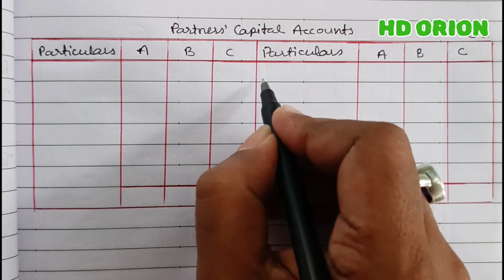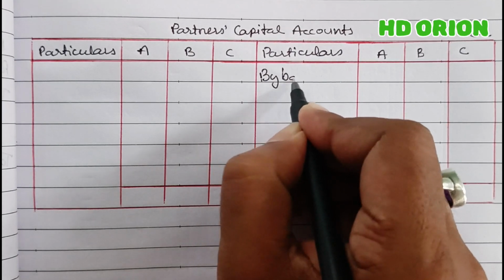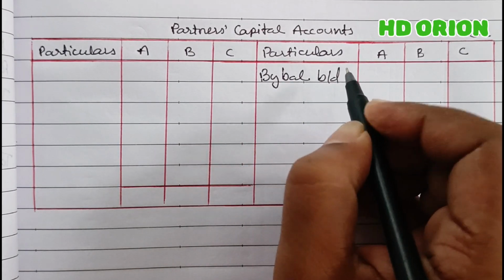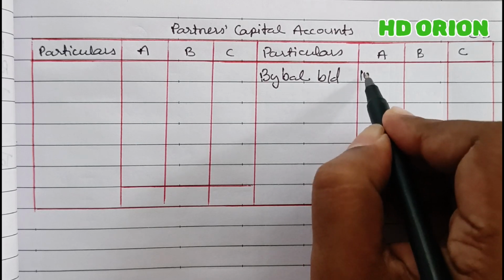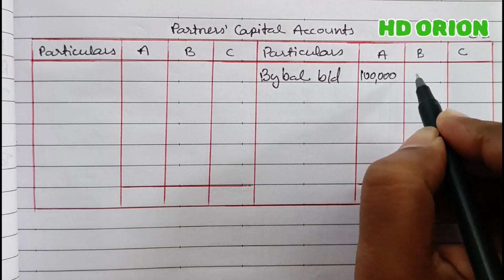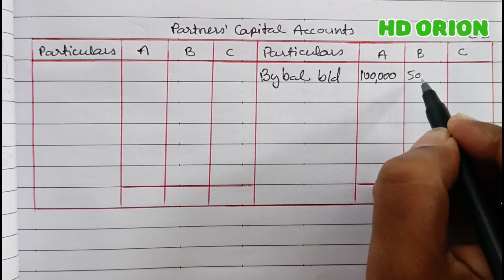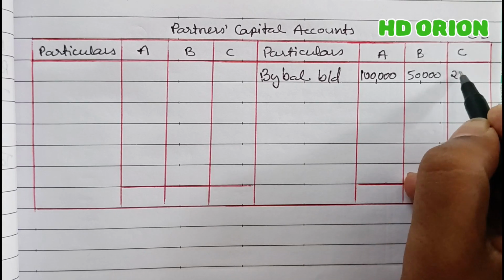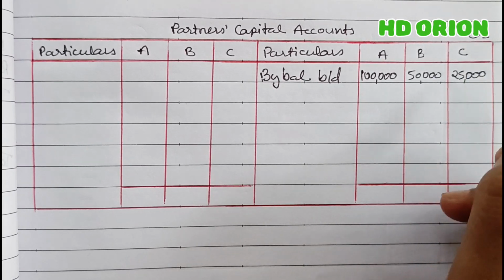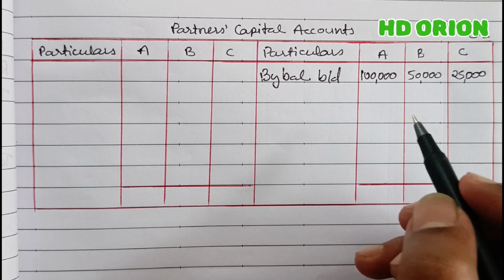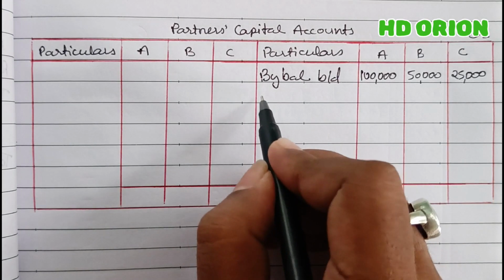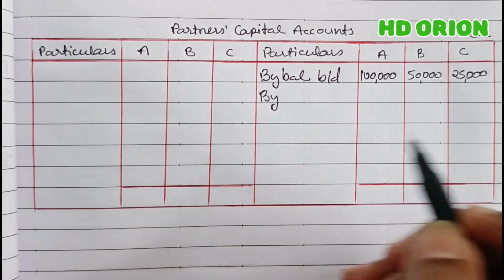So in partner's capital account, credit balances are given. So by balance brought down, 1 lakh rupees, then 50,000 rupees and 25,000 rupees. Then there is a general reserve in the balance sheet. So that general reserve will be closed by debiting it.